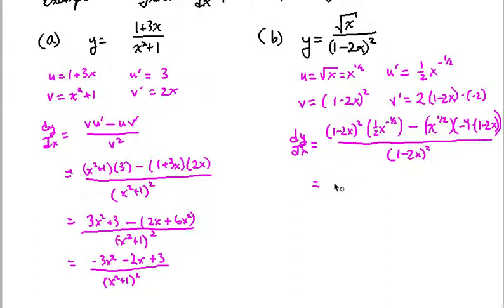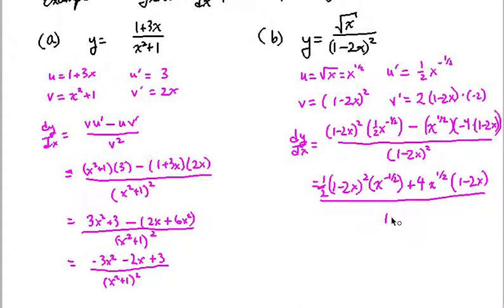So this would become (1 minus 2x) squared times, I guess I could put the 1/2 out in front, 1/2 times x to the minus 1/2 plus 4. I bring that 4 out, x to the 1/2 times (1 minus 2x), all over (1 minus 2x) quantity squared.